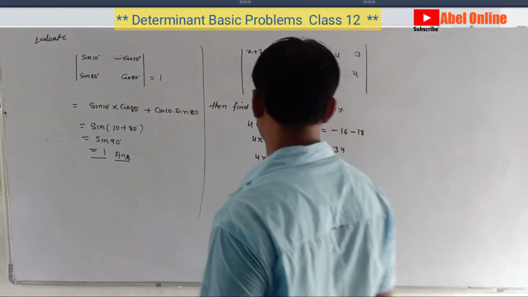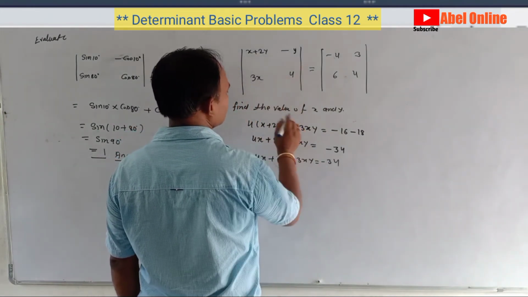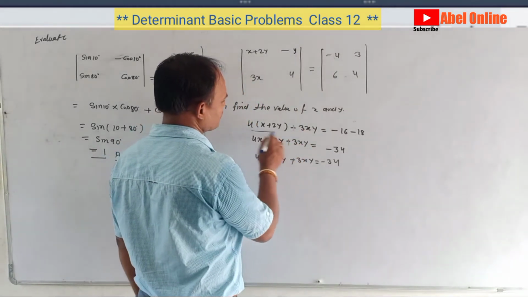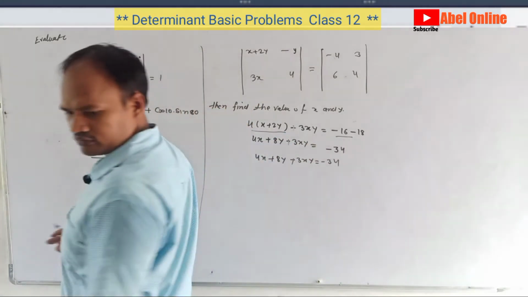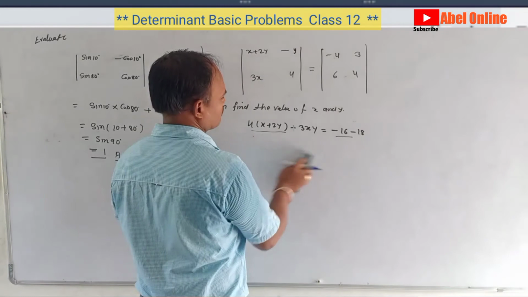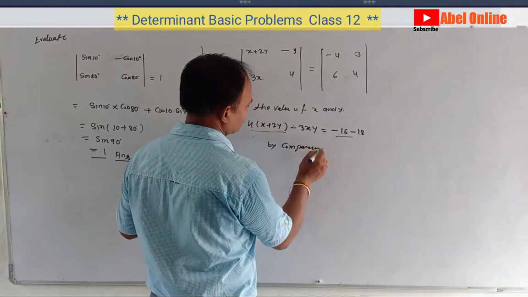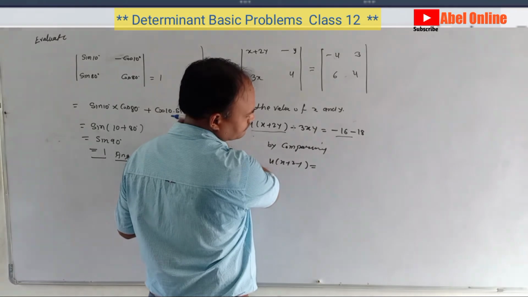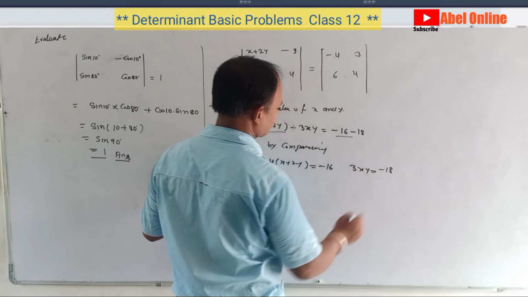Now comparing coefficients, by comparing the first term with the first term, we can say that 4x plus 8y equals minus 16 and 3xy equals minus 18.